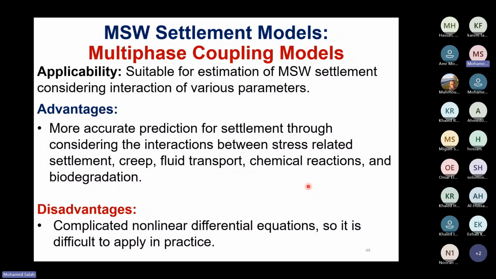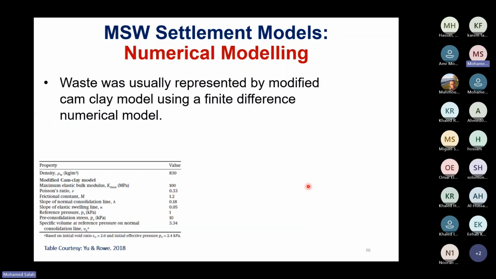And at this very moment, maybe we are thinking together, okay, I just mentioned a lot of models, but we need an example of a numerical modeling that was done to represent the waste. And here, this was one of the numerical models published in 2018 by You and Ro. The waste was represented by a modified Cam clay model using a finite difference numerical model.